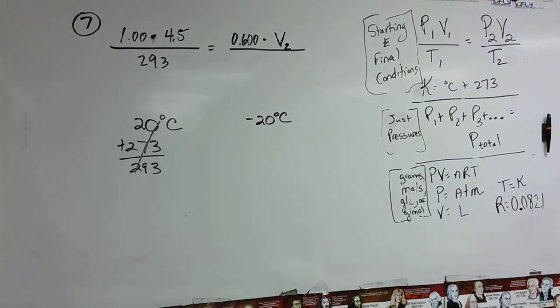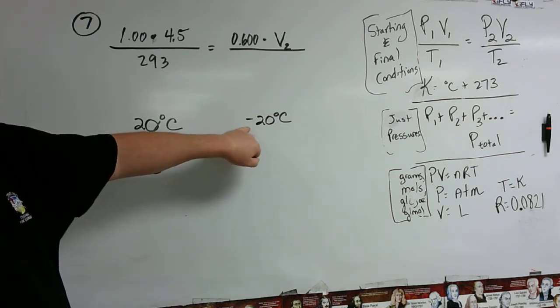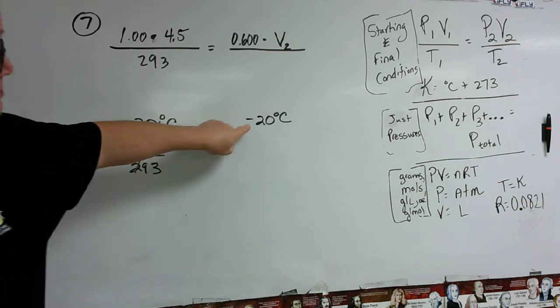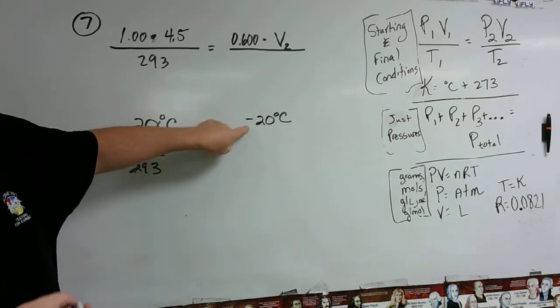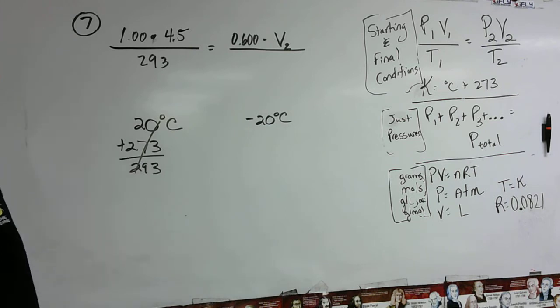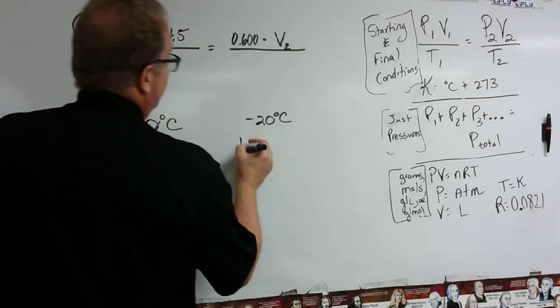The problem is the situation doesn't work with a negative 20. That is why we add 273. So if I have a negative 20 or a 0 or anything that's negative, by the way, I have to add 273 because we don't want to deal with negative volumes or negative pressures, because that doesn't work.